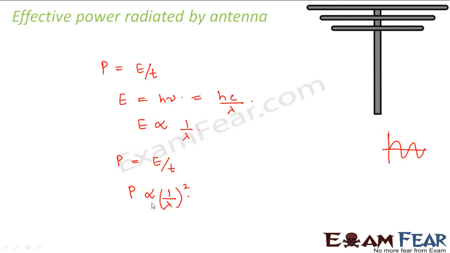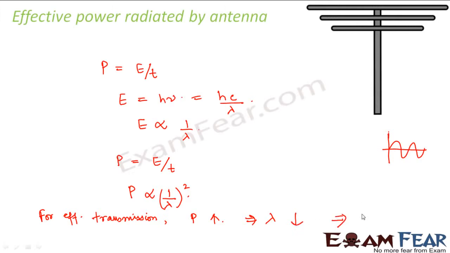Now, when do you say that the transmission is effective, or that the signal transmission was successful and effective? For effective transmission, more power should be radiated. If I want the power to be more, then the lambda, that is the wavelength, should be less.